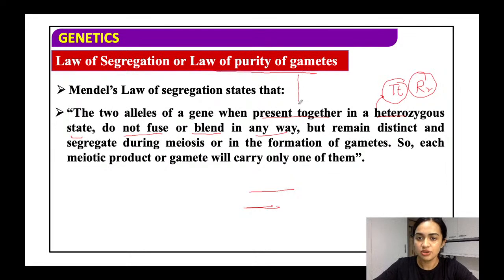Let me just draw a small monohybrid cross here, the F2 generation of the tall and the dwarf tree.